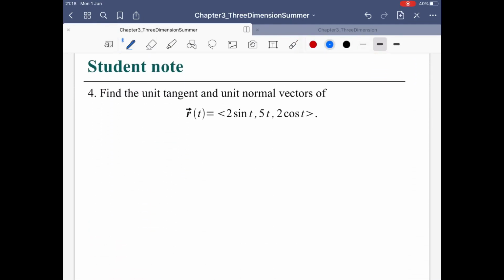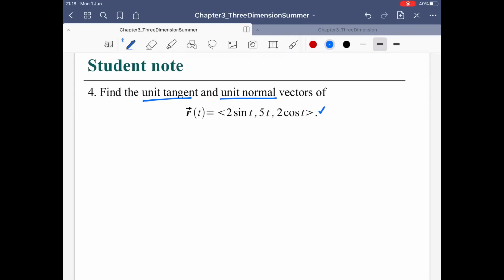Okay, this one you just want to find a unit tangent vector and a unit normal vector of this vector function R(t). So this one goes back to something that is a bit difficult again, because you're not going to find it at a particular point t.